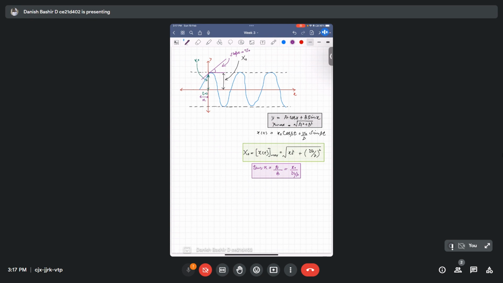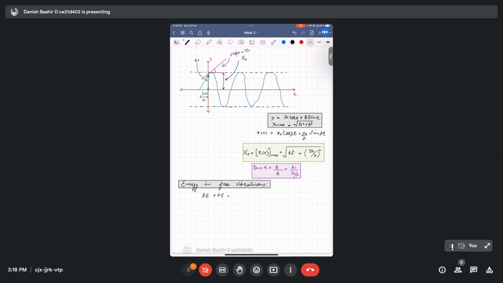Also, one more thing in free vibration is the energy associated with the free vibration motion. Energy in free vibration will be the summation of kinetic energy and potential energy.